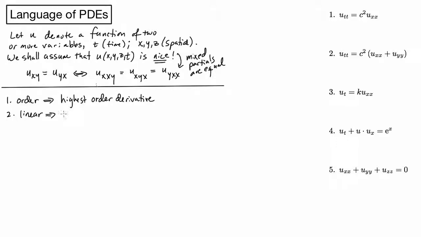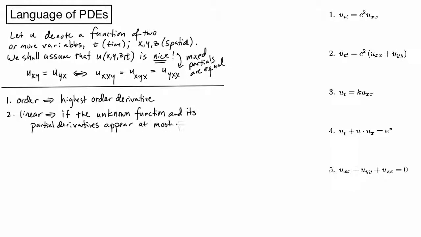By linear, we mean a PDE is linear if the unknown function, that would be u in this case, and its partial derivatives appear at most once in each term of the equation.